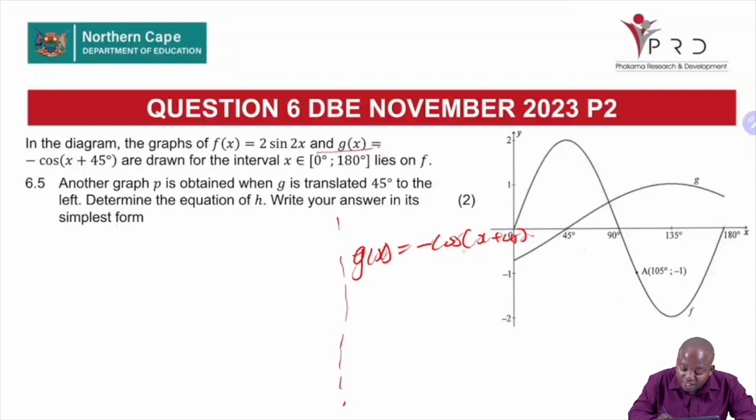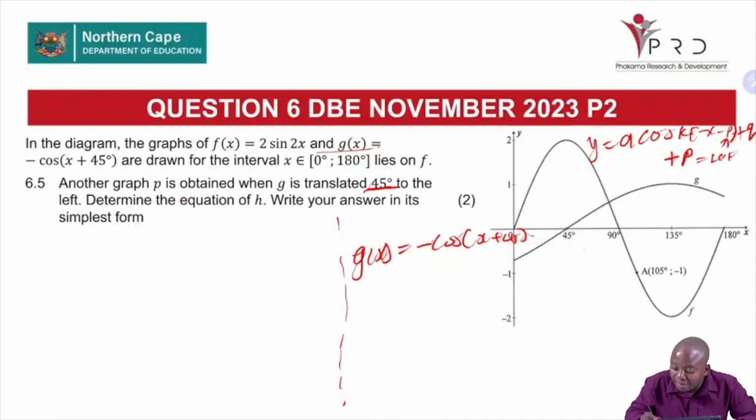So it is what we normally say from our standards: y is equal to a cos k times x minus p, plus q. So plus q there. This is what you call a horizontal shift, which is the one we're talking about there. So when it's plus p, it means to the left. When it's minus p, it means to the right.